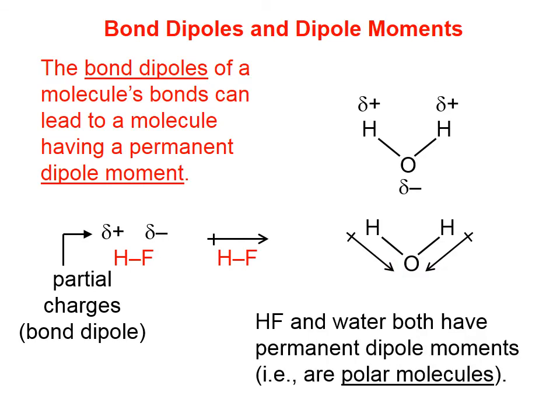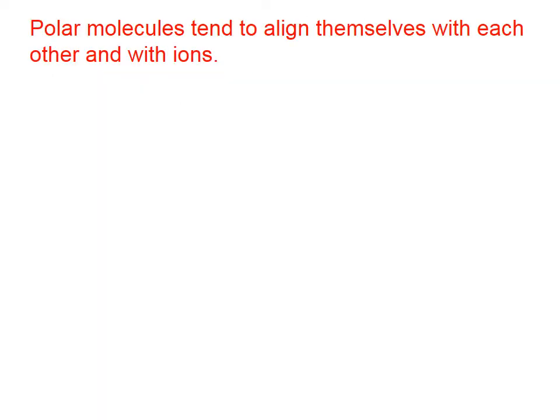HF and water both have permanent dipole moments, and what that means is they are polar molecules. Polar molecules tend to align themselves with each other and with ions.